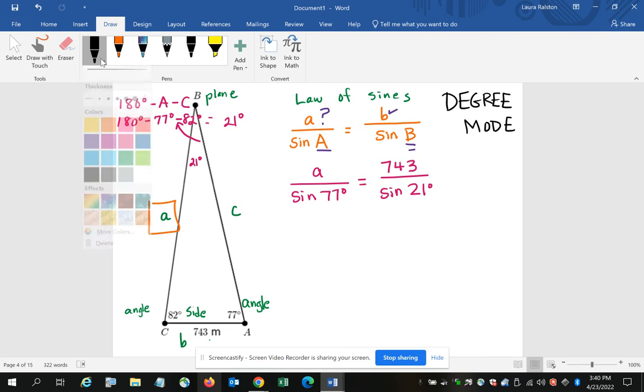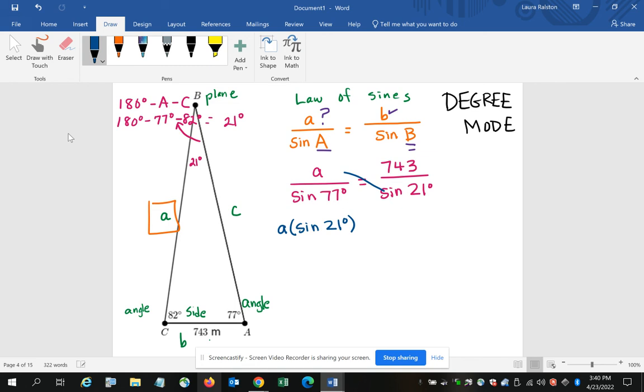Okay, we're trying to solve this ratio. So we cross multiply. A times the sine of 21 degrees equals 743 times the sine of 77 degrees.